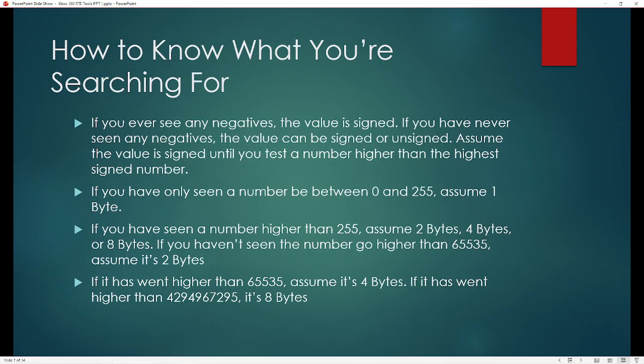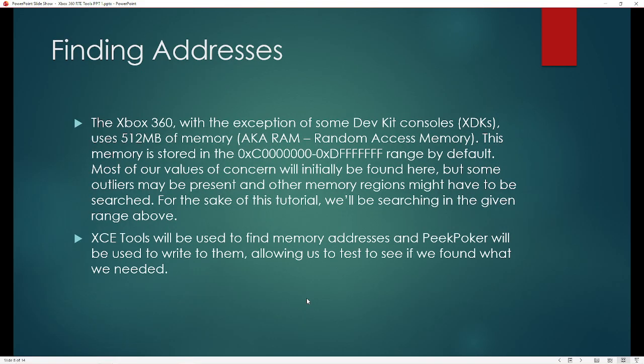If the value has gone higher than 65535, assume 4 bytes. If it has gone higher than 4 billion, assume 8 bytes. A lot of this doesn't immediately make sense, but I'll put it into practice for you.